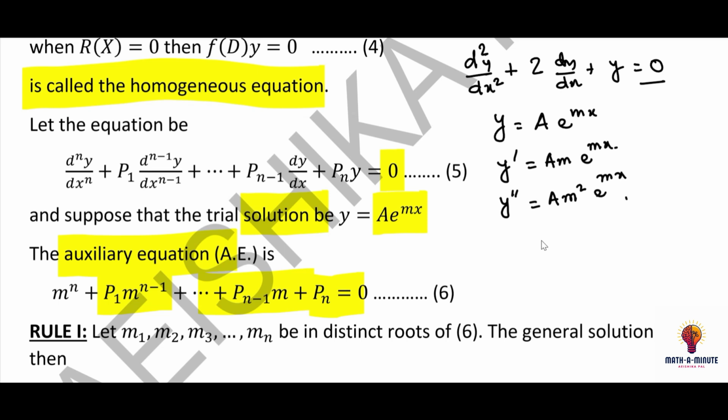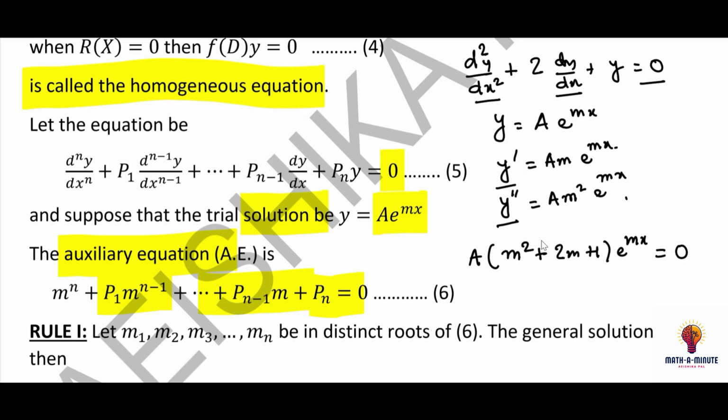If we put these values in the equation, it will be a times (m square plus 2m plus 1) e to the power mx equals 0.